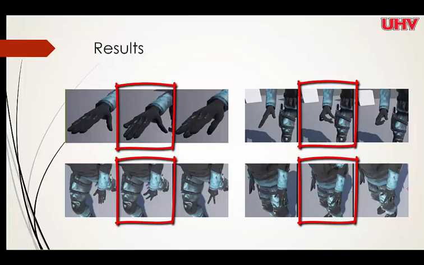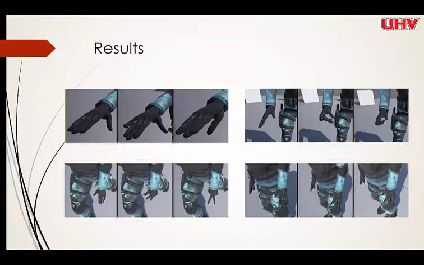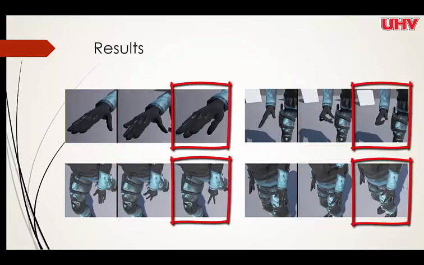So the middle image here is the uncalibrated and raw motion data, and as you see, obviously it's quite bad. And then the image on the right in each of these quadrants is the result of the proposed framework.